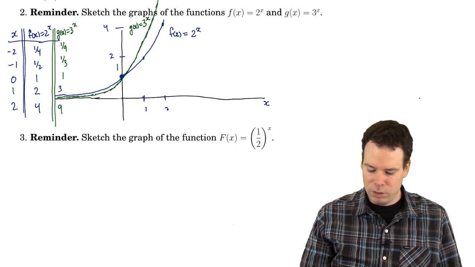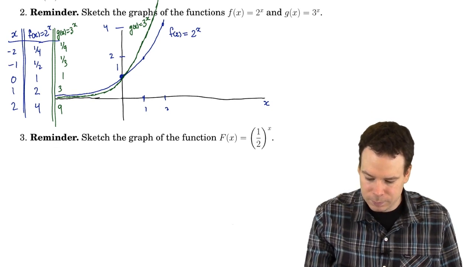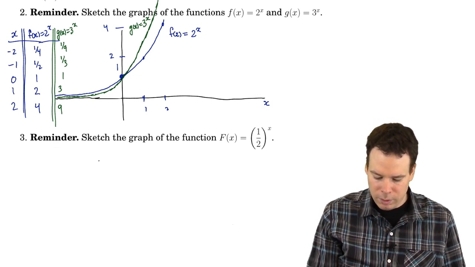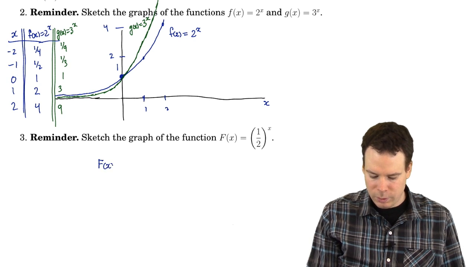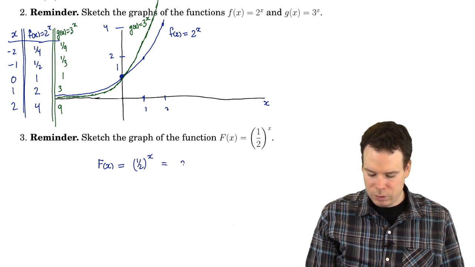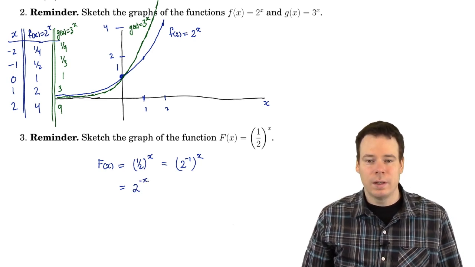What about the exponential function of base 1/2? Well, here we can make a quick observation that 1/2 is the same as 2 to the negative 1. So this is really the function 2 to the negative x.